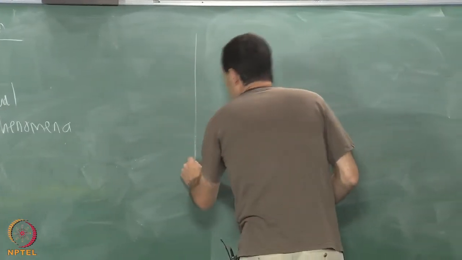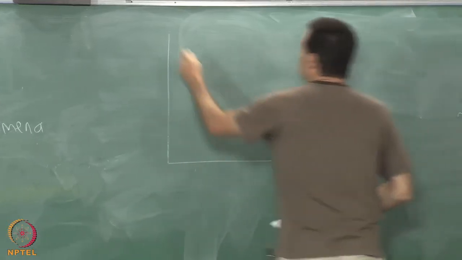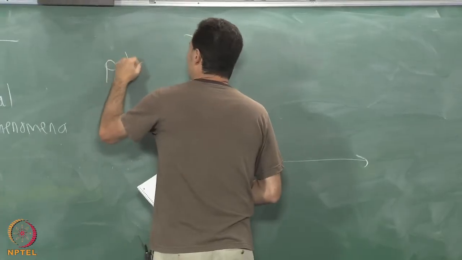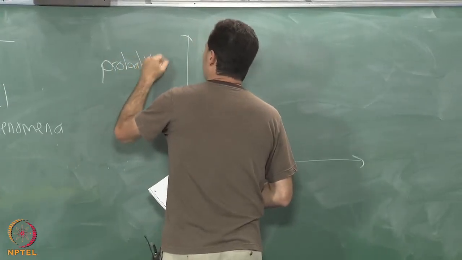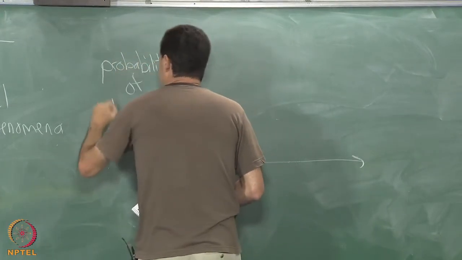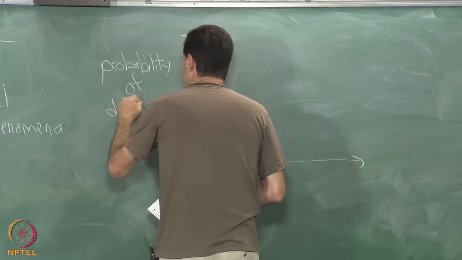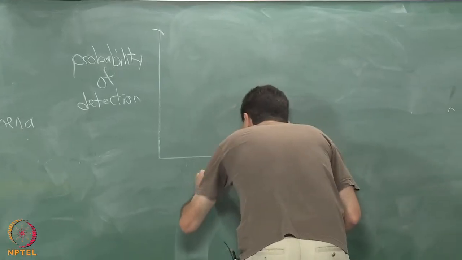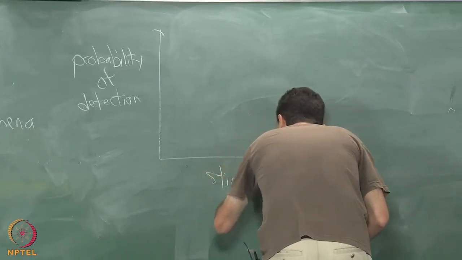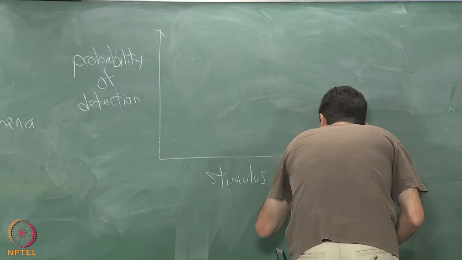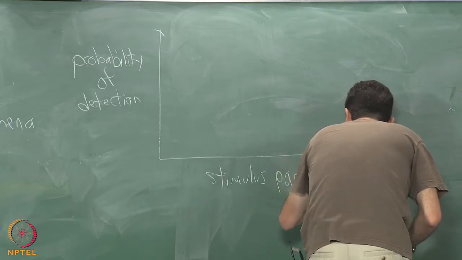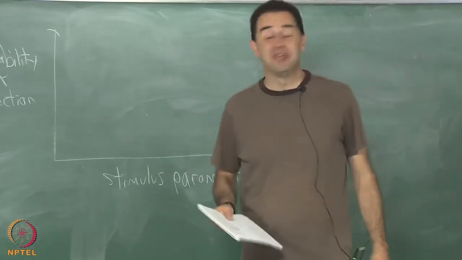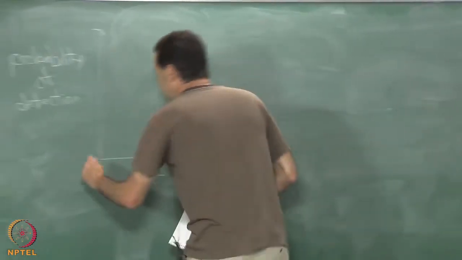There's usually a kind of plot in a lot of these works that looks something like this. You'll have a probability of detection, and then you may have, let's say, a stimulus parameter here. The plots could look varied depending on the experiment, but perhaps it looks something like this.